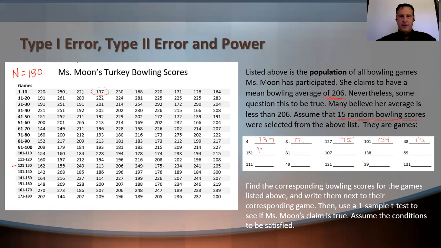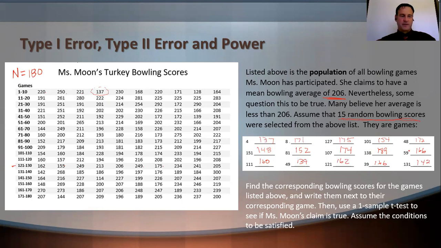This is 148. 152. 174. 189. 166. 160. 139. 162. 166 and 142.